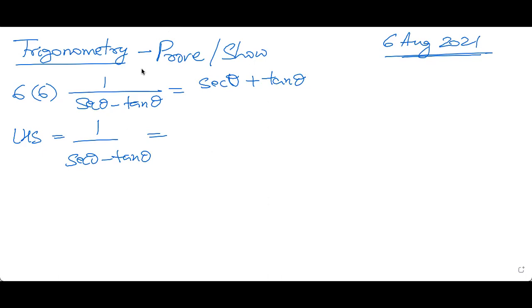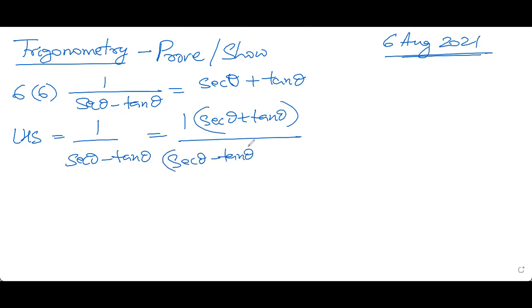Now I can do that if I multiply this to both the numerator and the denominator. So what I'm saying is 1 into sec theta plus tan theta by sec theta minus tan theta multiplied by sec theta plus tan theta.